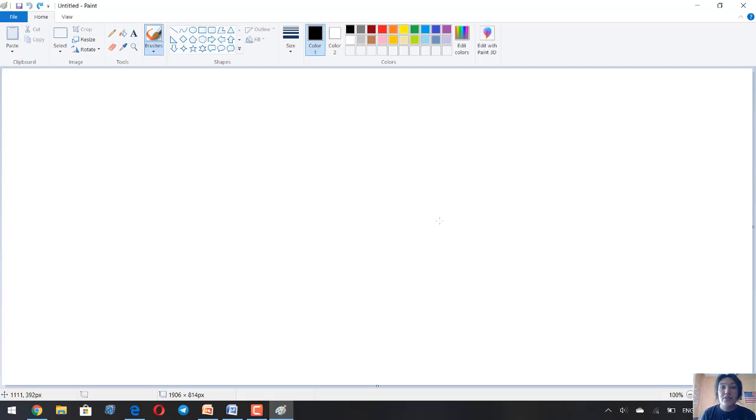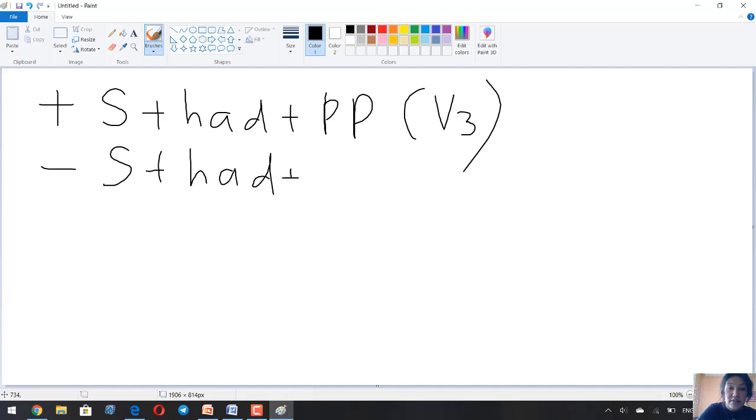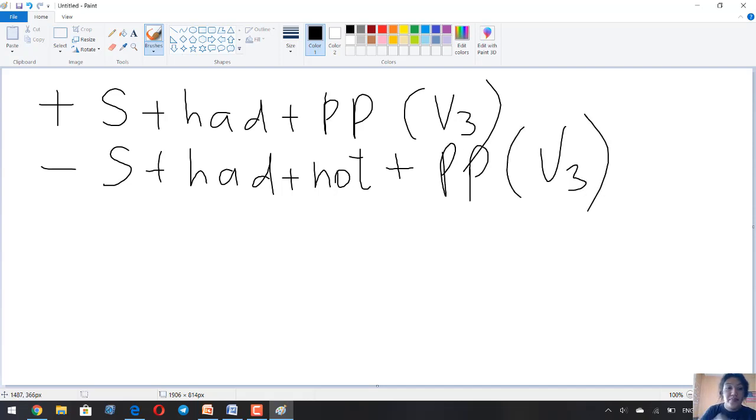And now I'll give you the structures of positive, negative, and question forms. In positive, we use subject plus had plus past participle. As we call it above to make it easy, V3. In negative, we use subject plus the auxiliary verb had, plus the particle not, and past participle, again V3.